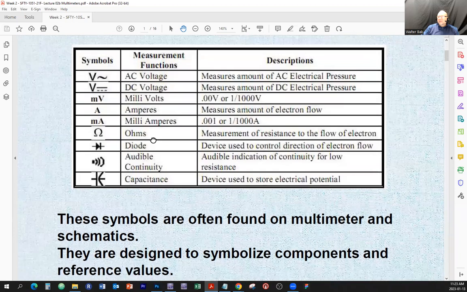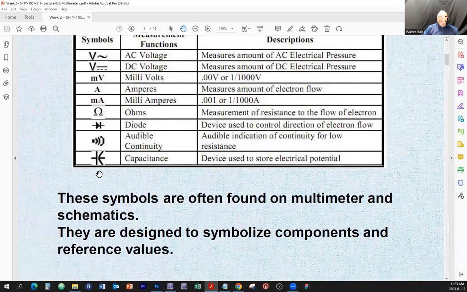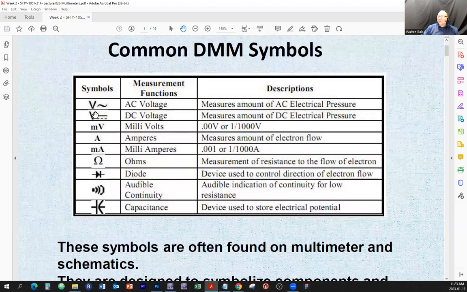Some of the meters, which I don't see here, sometimes will have the HFE meter if you want to measure the transistor's amplification factor. Okay, so this one is not listed. And some of the meters also have temperature meter. So these are the most basic ones here.